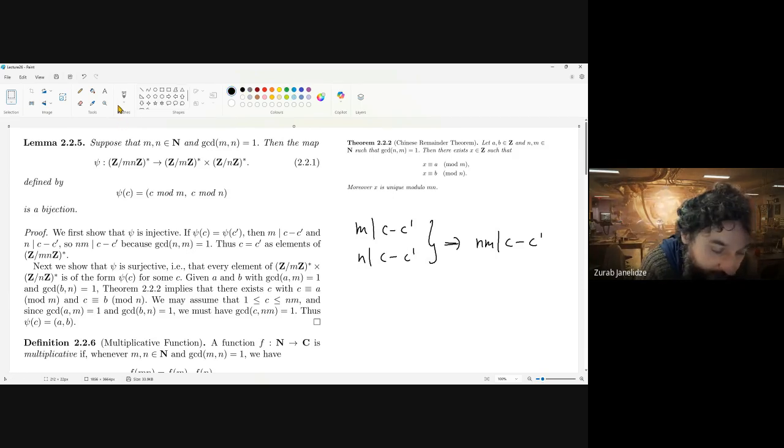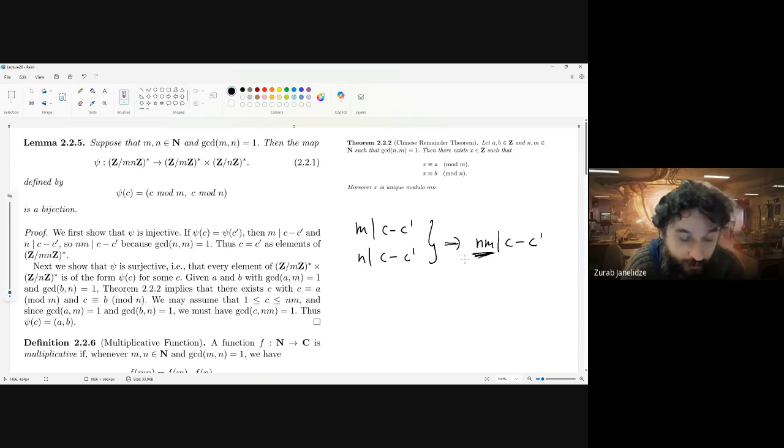But then their product will have prime factors of m together with prime factors of n, and none of them will coincide among each other, right? So all the prime factors of m will be prime factors of nm, and also all the prime factors of n will be those of nm.